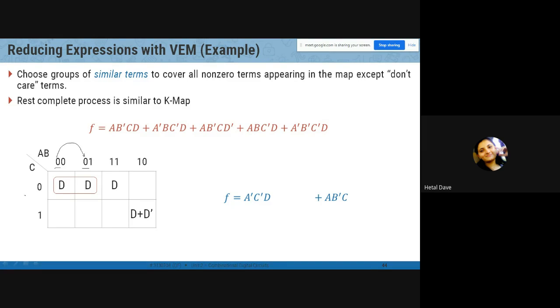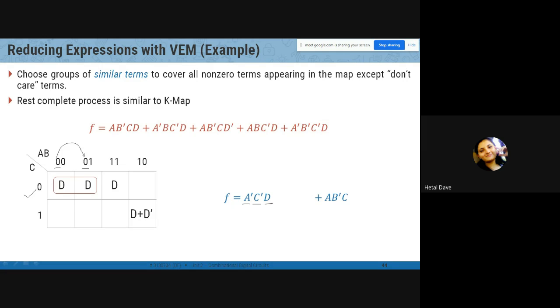C is going to remain the same, so C bar. And right now, we also need to consider the variable itself in the equation. If it is in normal form, then we will write normal form. If it is in complemented form, then we will write complemented form. So here what will be the equation? A bar, C bar and variable D itself.